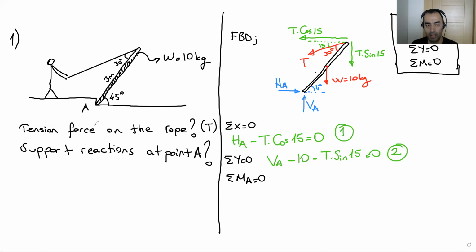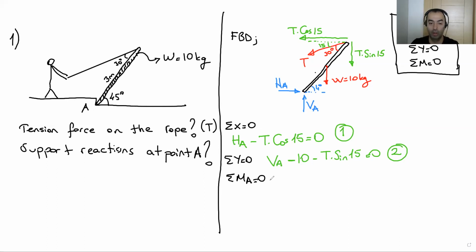Why MA? Here the member is attached to this step. This point is my support point, so this is not a fixed support. It's like a pin support, which is why it has two components, two unknowns, HA and VA, as you can see in the sketch above.